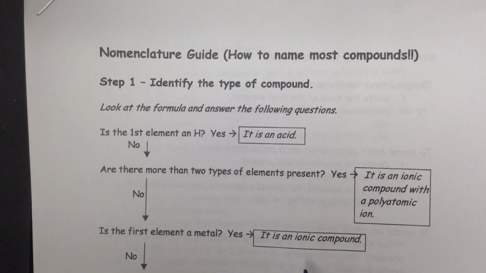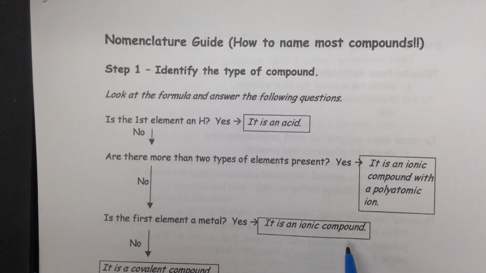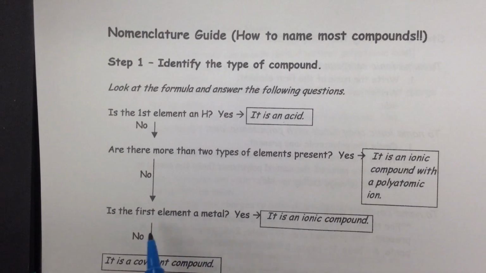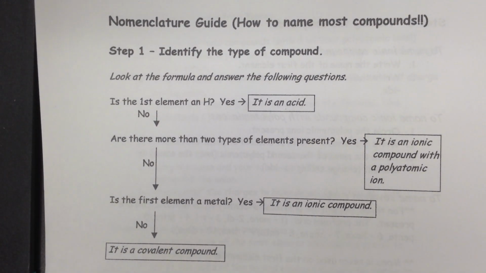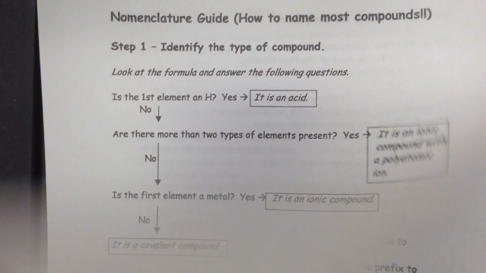If your answer is yes, then it's just a good old-fashioned ionic compound, meaning no polys in it. And if your answer is still no, it's covalent. So this is just a nice little flow chart to help you determine as we go through the chapter, are you dealing with an ionic compound, a covalent compound, an acid, or an ionic compound that has a poly in it. And then if you guys can just turn your page.